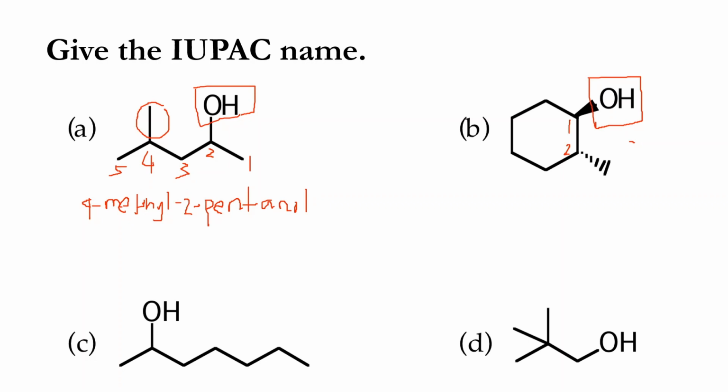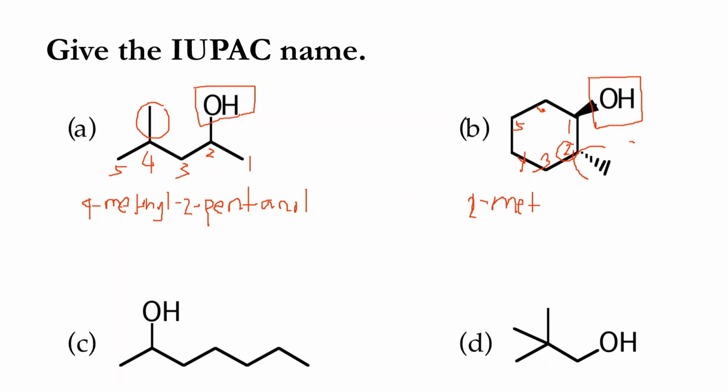So we have 1, 2, 3, 4, 5, and 6. Where is your substituent bonded? This one. What is a 1-carbon alkyl? That's methyl. That is bonded at 2, here.